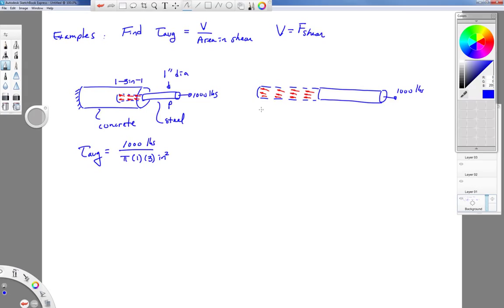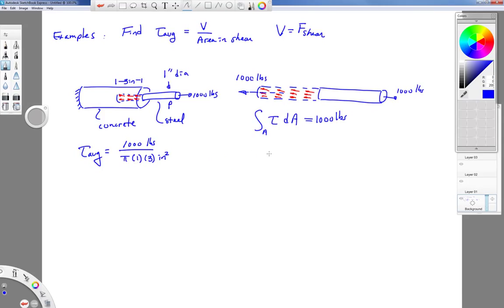And so we can do an integral over the area of tau dA, but I know what it has to be in the end. It has to be equal to 1,000 pounds because this object has to be in equilibrium. The resultant force, and I'll dash that in, from the stress distribution, no matter how we calculate it, better be 1,000 pounds.